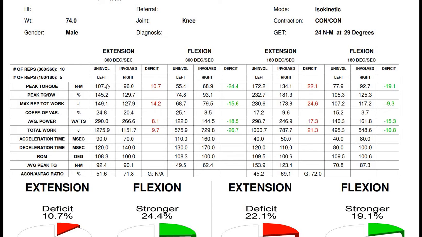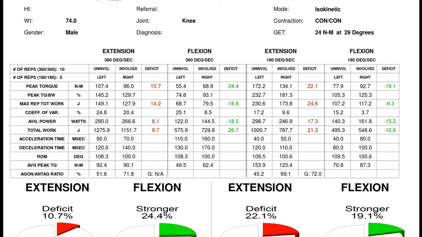So peak torque, as you can see, there is a deficit of 10.7%. Now this is just above what we would consider to be a normal everyday deficit, the sort of bilateral asymmetry that occurs in daily activities just because you have a dominant side.